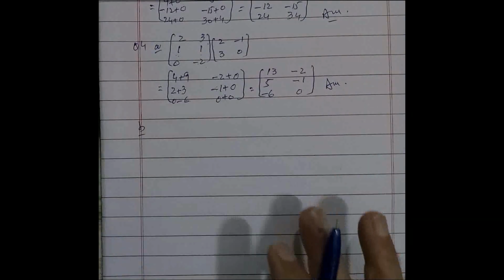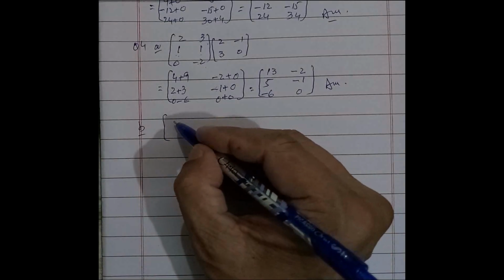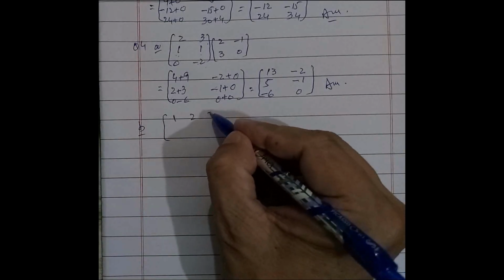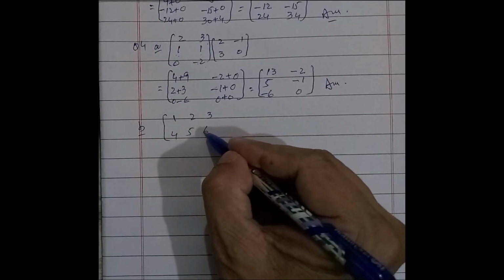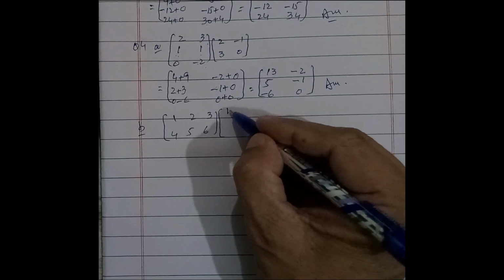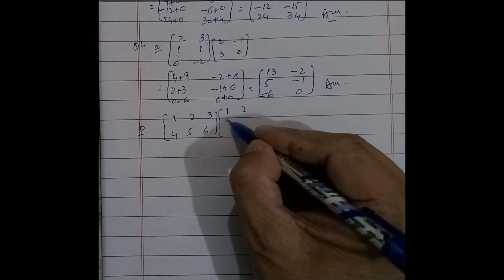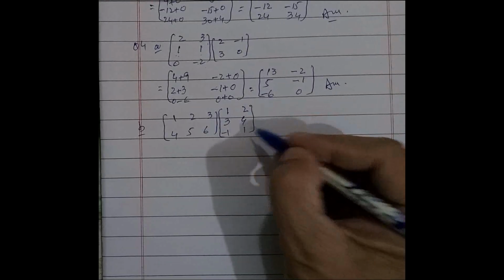Now the B part is 1, 2, 3, 4, 5, 6, and 1, 2, 3, 4, minus 1 and 1.